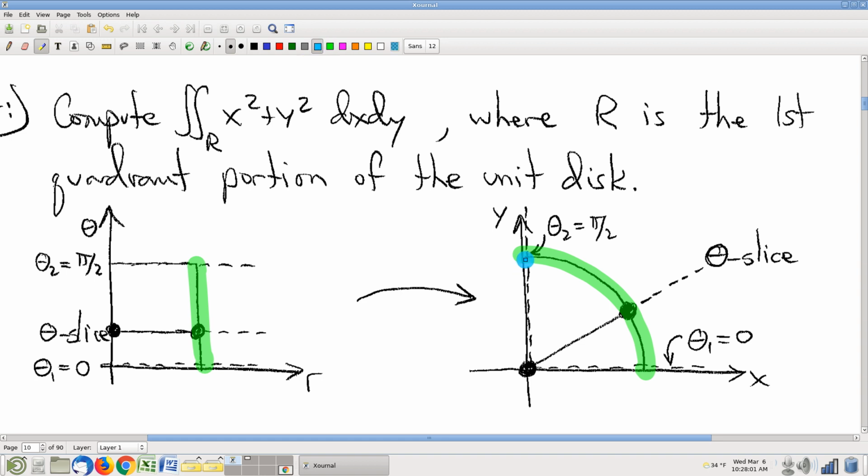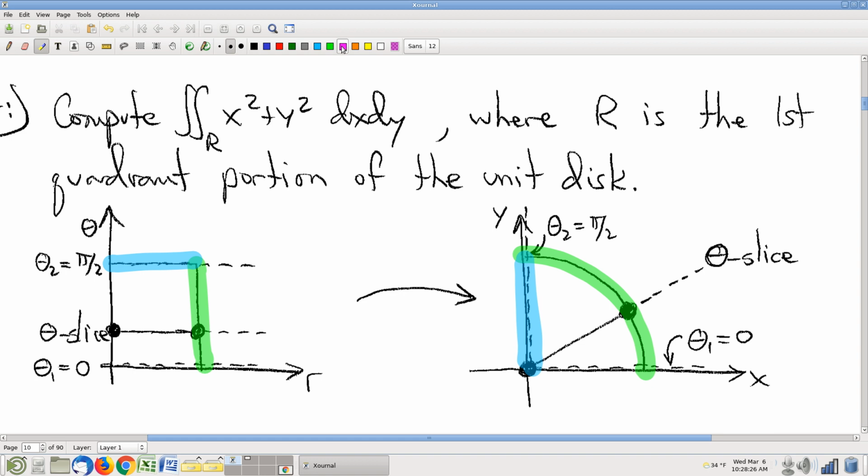This curve, okay, what do I know about that curve? That curve is theta equals pi over 2. Right, you're going to want to say x equals 0. But in polar coordinates, this curve is theta equals pi over 2, where r goes from 0 to 1. Okay. That's that.